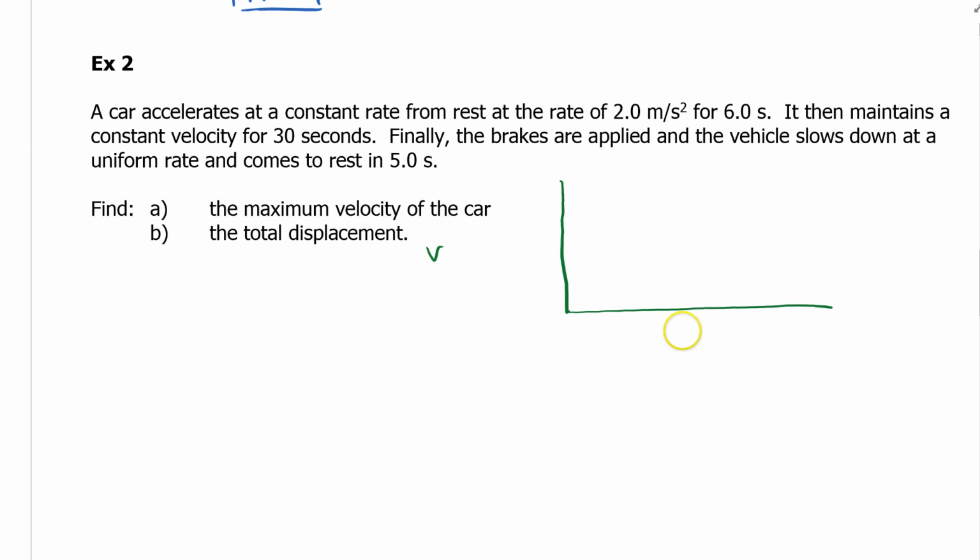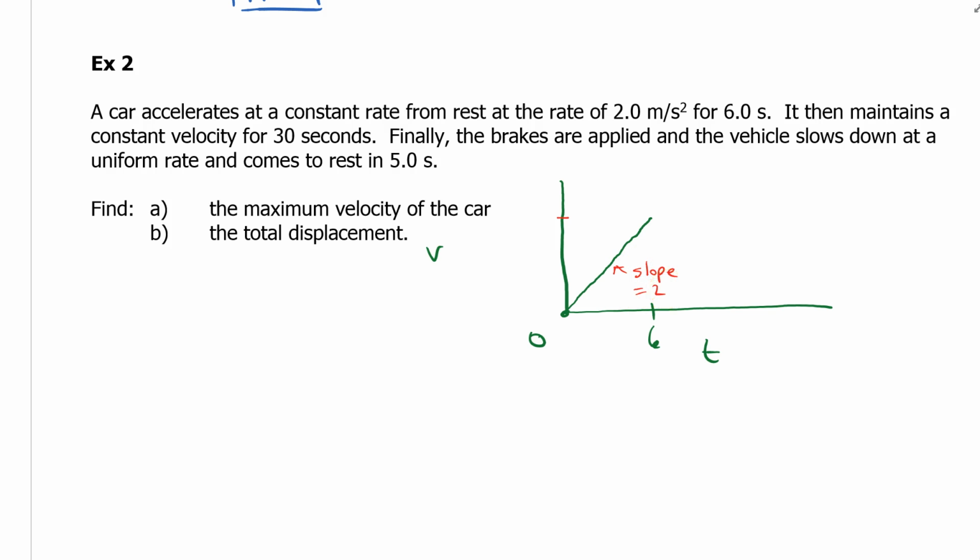So this will be my velocity, this will be my time. So it starts from rest, so here's 0. And then it is accelerating at 2, so this slope is 2, and this is at 6 seconds here. So we don't know yet what this value is, but we know that this slope equals 2.